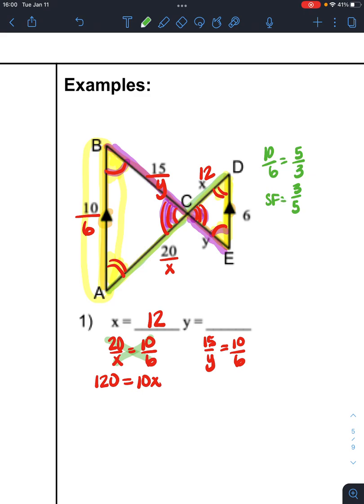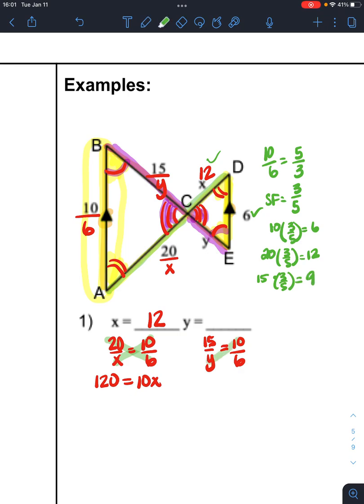That means I can take everything on my left side triangle and multiply it by 3/5. So let's do a quick check. 10 times 3/5 is 6, which matches up. 20 times 3/5 is 12, which matches up, and then 15 times 3/5 is 9.